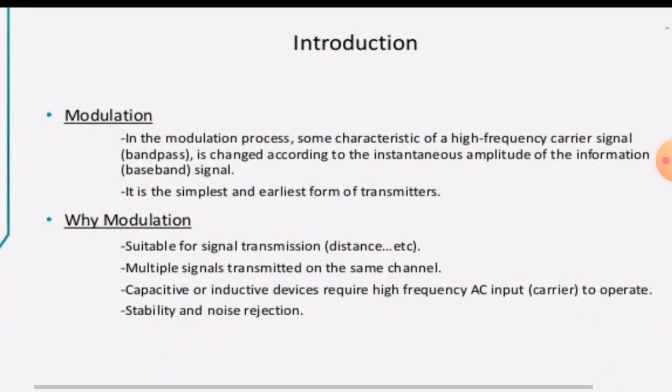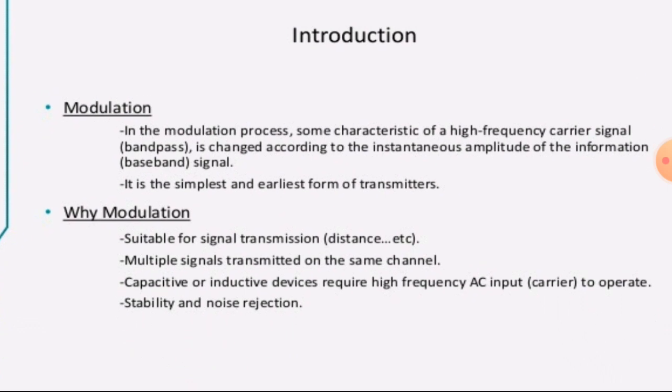Why is modulation required? Suitable for signal transmission distance. Multiple signals transmitted on the same channel. Capacitive or inductive devices require high frequency AC input, that is carrier, to operate. Stability and noise rejection.